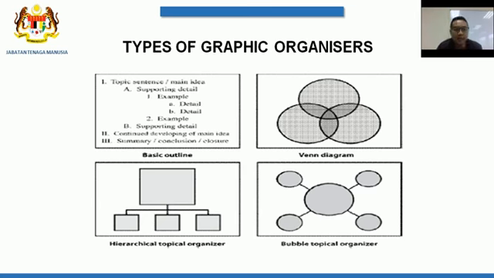So the first one we call a basic outline, which is you highlight the topic sentence, main idea, and then you come out with supporting detail and examples, 2 examples.